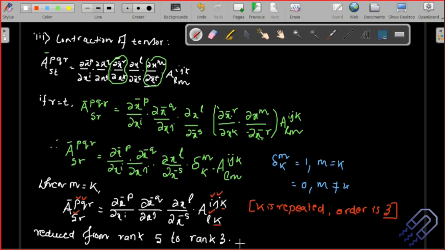So that is why it is called contraction of tensor. Hence maybe I can just write it this way. You can also write it this way, okay, it's fine, no problem. Contraction of tensor. So this is also a property.